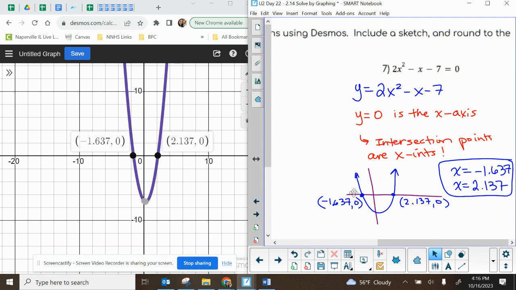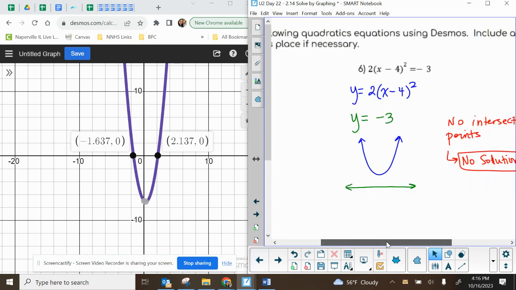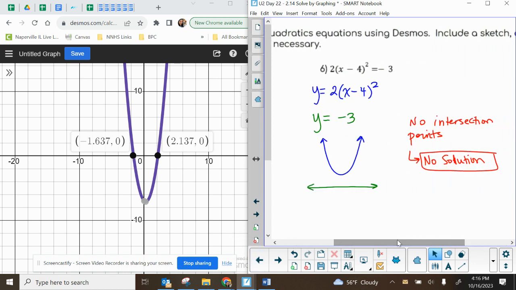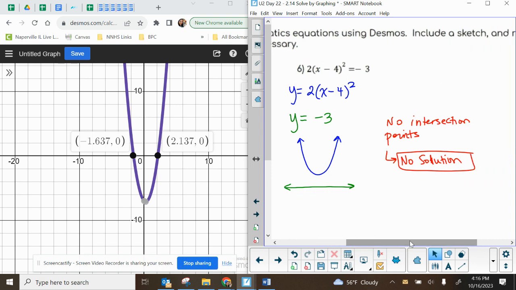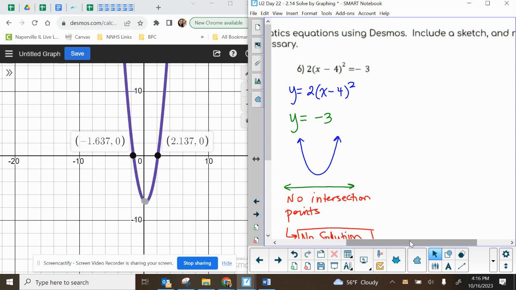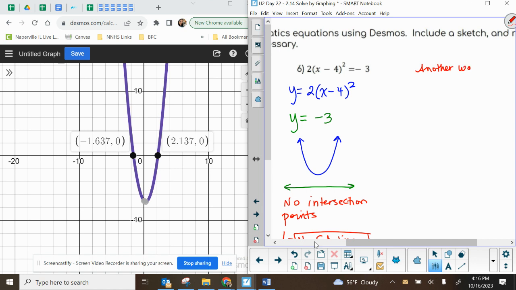Now I want to actually go back to this one and talk about the other way that I could have done it. I'm just going to move this down here. Another way to do it is to get everything on one side equal 0.